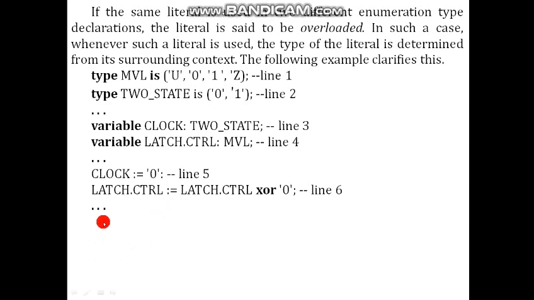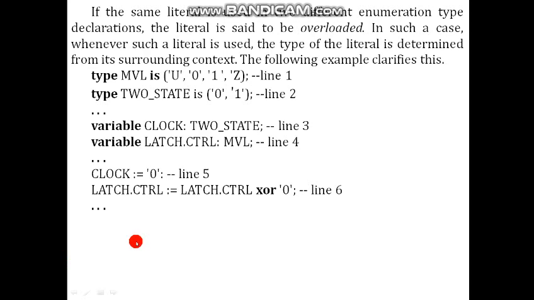The following example clarifies it. Type MVL is (U, V, 0, 1, Z), type two_state is (0, 1). Variable clock is two_state. Variable latch_control is MVL. Clock := 0; latch_control := latch_control XOR 0.